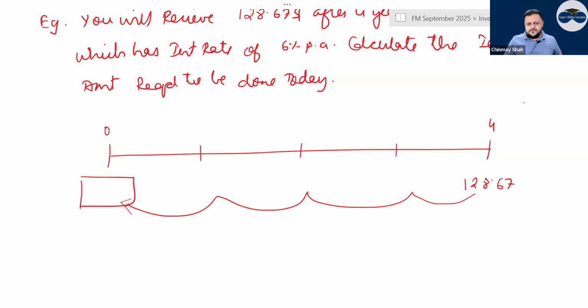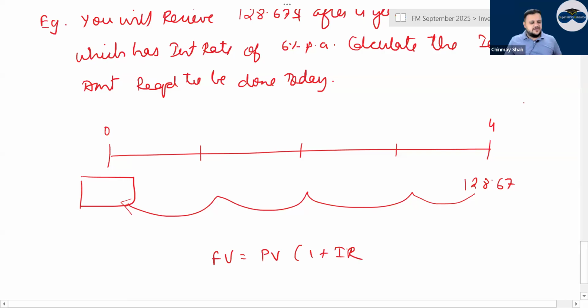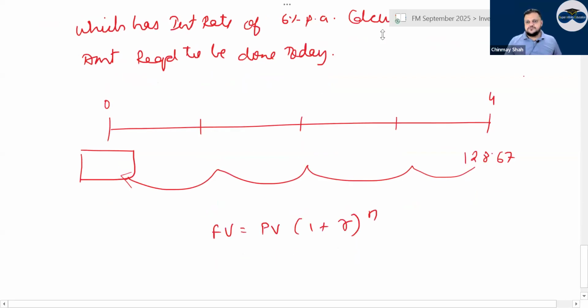You know the future value formula. What is it? Future value is equal to present value into 1 plus r raised to n. Future value is 128.67 at the end of the 4th year. Present value we don't know.